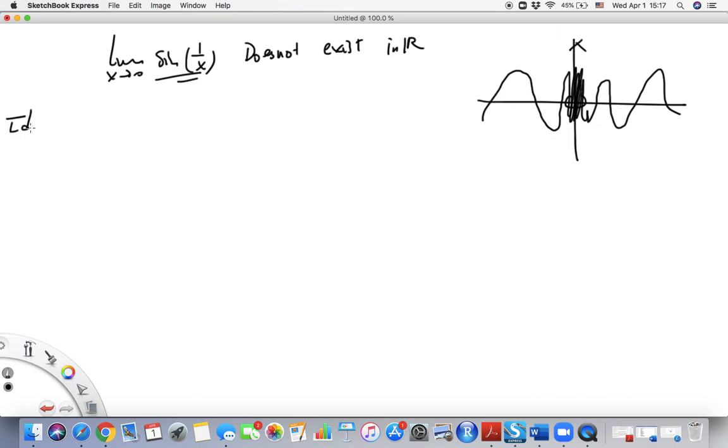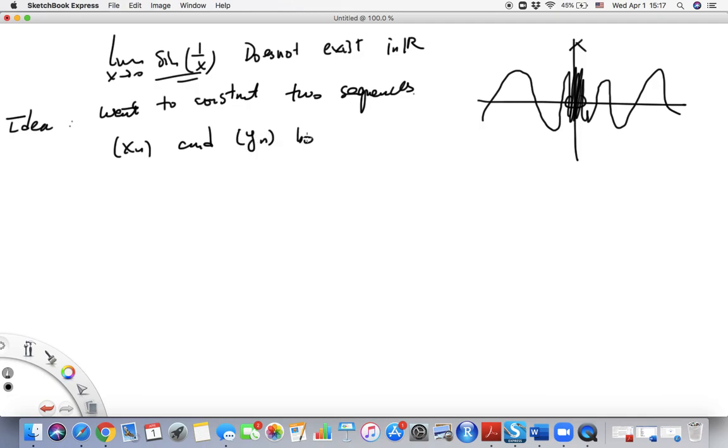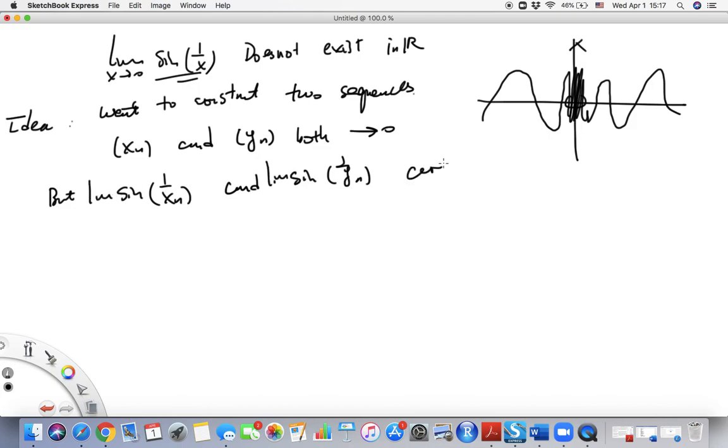So here's the idea. We want to construct two sequences, say xn and yn, both converge to 0, but sine of 1 over xn and sine of 1 over yn, the limits of these two are not the same.